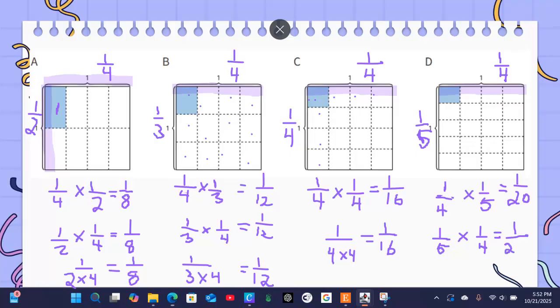So again, it does not matter how you write it as long as your answers are the same. And you just need to do this one time. You don't have to write all of the expressions. You just need to write one.